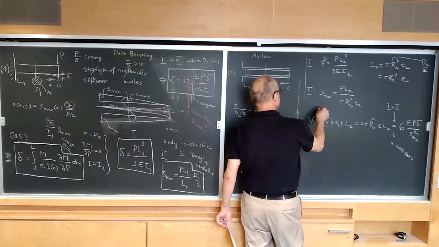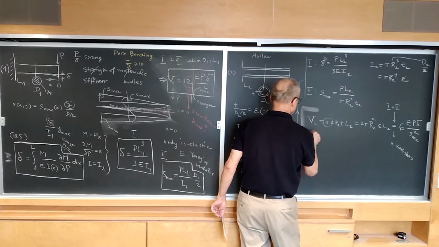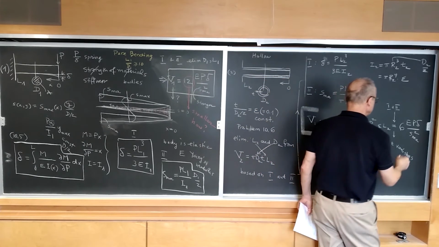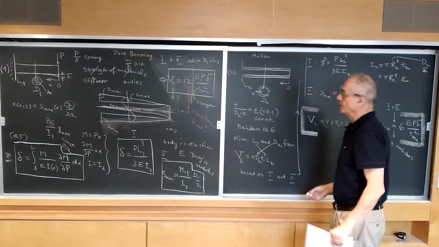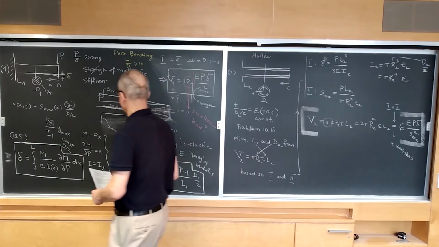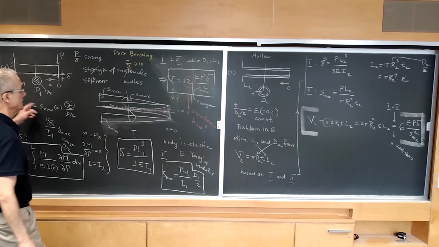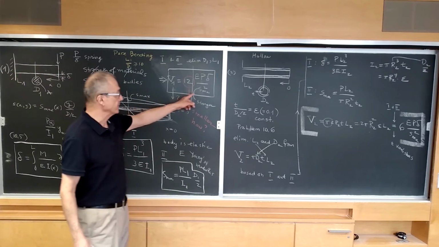This is the new cost of the beam, new compared with the previous. The previous cost had the value 12, not 6.